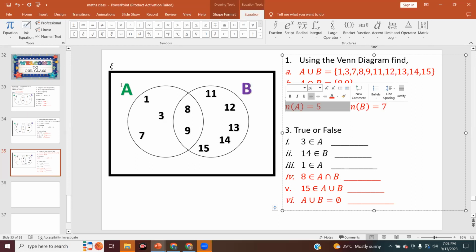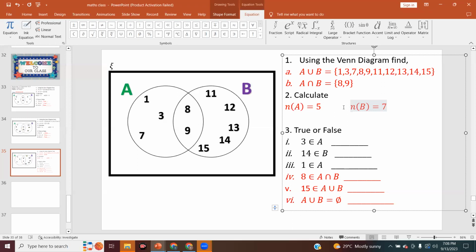Kendrick, are you there? Yes, sir. Joseph, can you explain how you get the answer? Okay, for B, notice how much I have in there. 1, 2, 3, 4, 5, 6, 7. So there are 7 numbers in there, right?